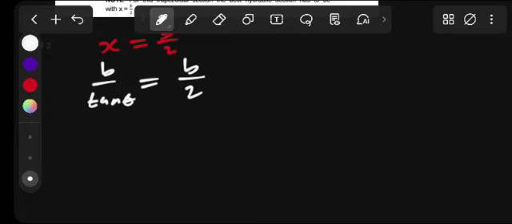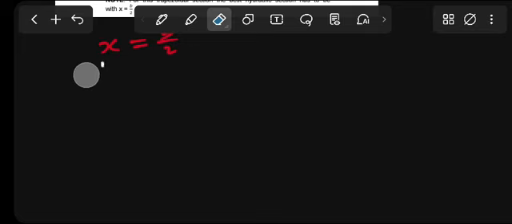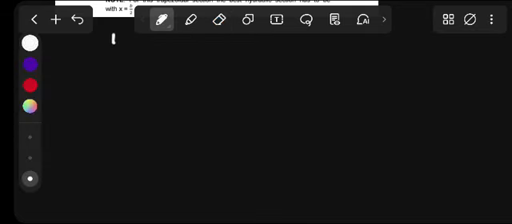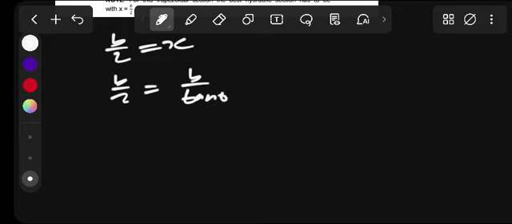This is what you're supposed to have. It's one and the same thing. That is the first step that we do, guys: B over 2 is equal to B over tan theta.